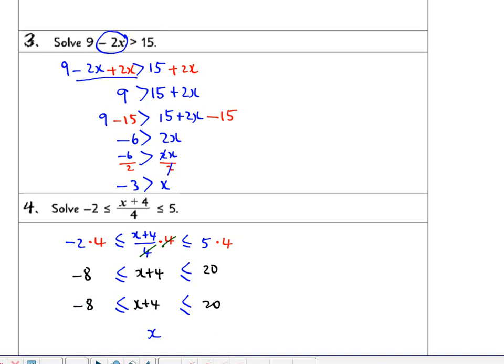That means I need to get rid of plus 4. What do we do? Take away 4. Take away 4 here and take away 4 here. Now let's put this on. So that's 4 take away 4. It's going to leave me with x only in the middle. That is 16, and that is minus 12. And that is your final answer.